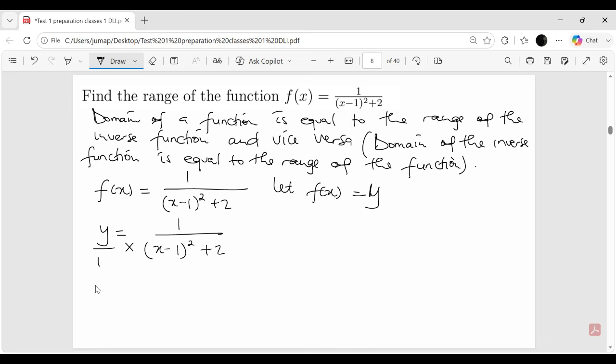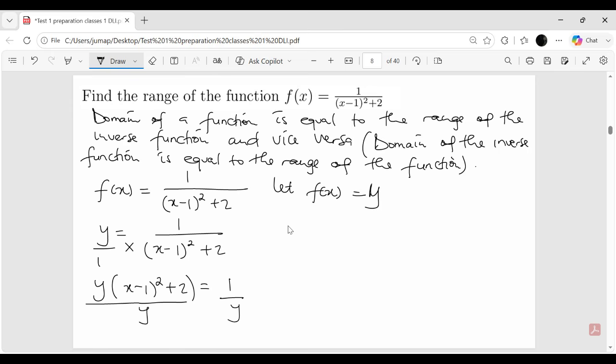Cross multiply, you're going to have y multiplying with (x minus 1) squared plus 2 is equal to 1. Then I'll divide by y, I also divide by y this side.